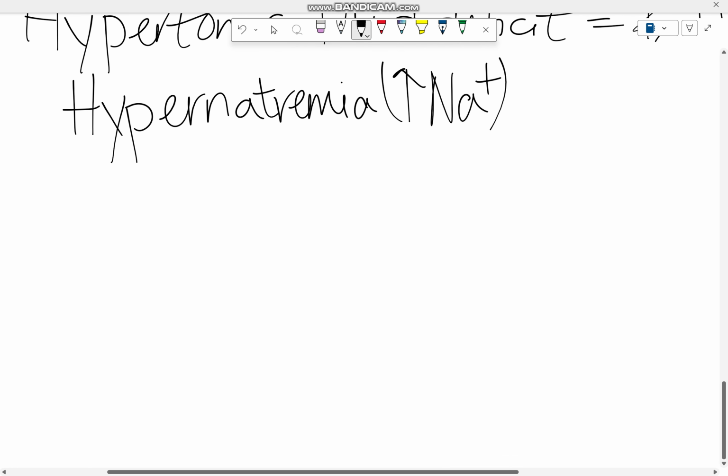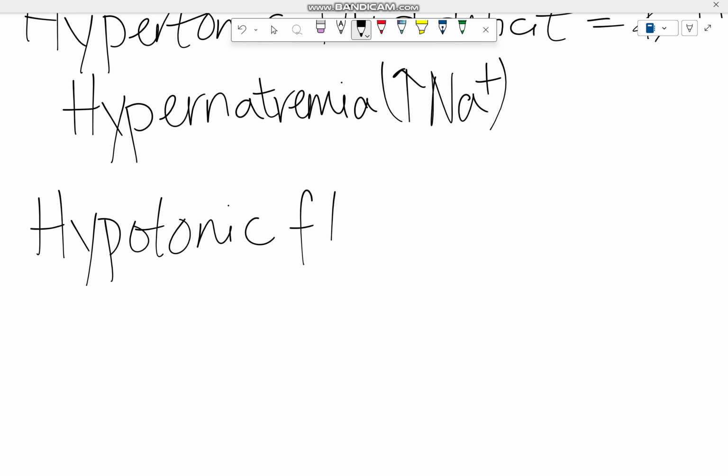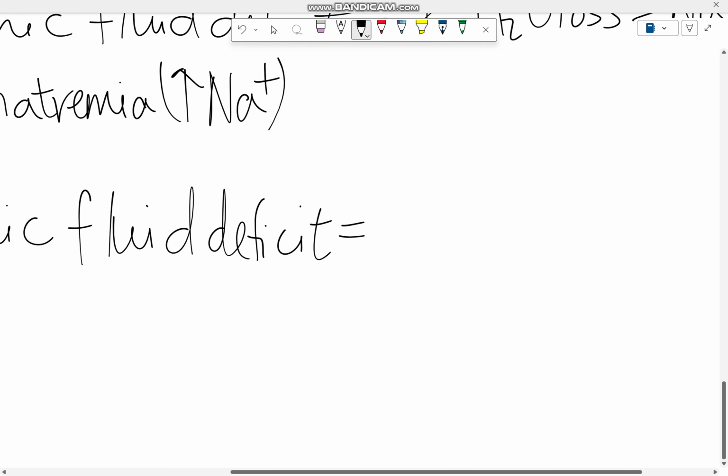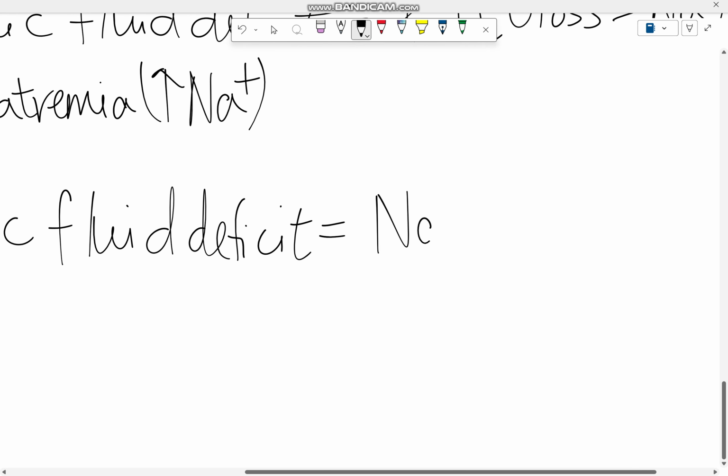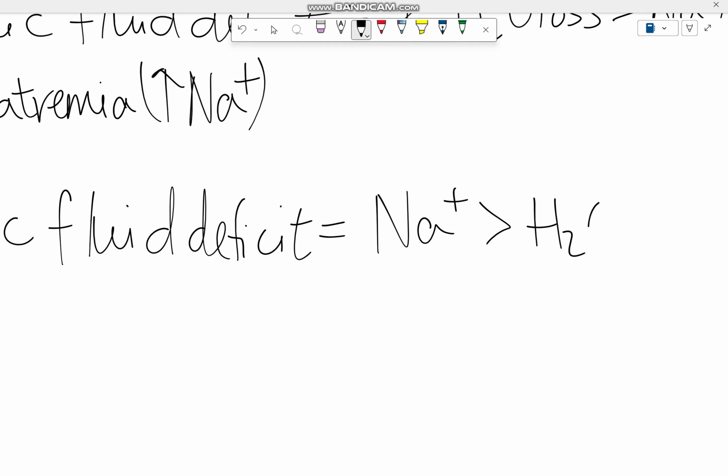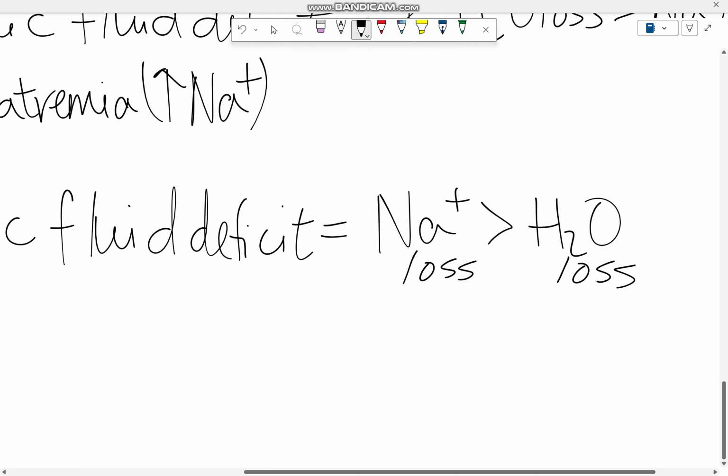And then on the other end of that, we have hypotonic fluid loss, fluid deficit. What that means is that the amount of sodium that we're losing is greater than the amount of water that we're losing proportionately. So we're losing a lot of sodium compared to the water that we're losing.